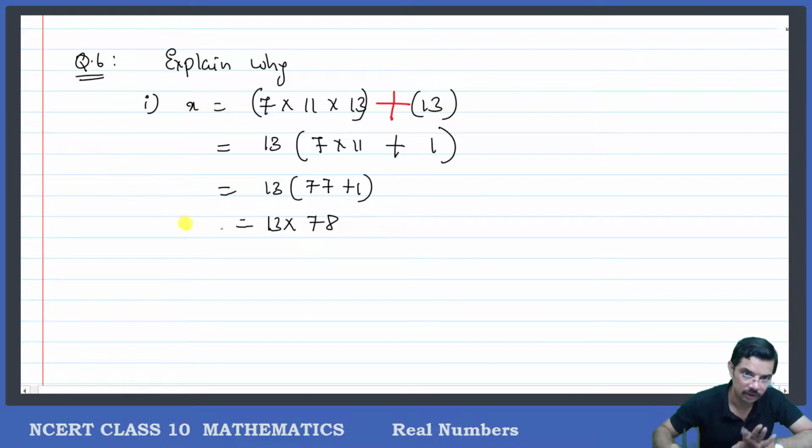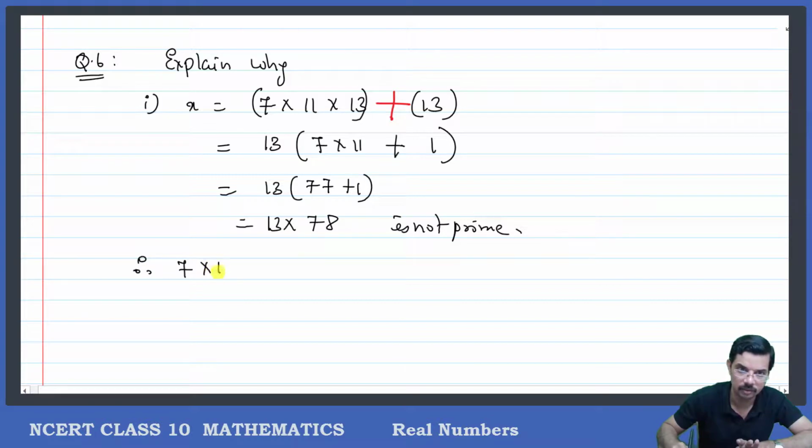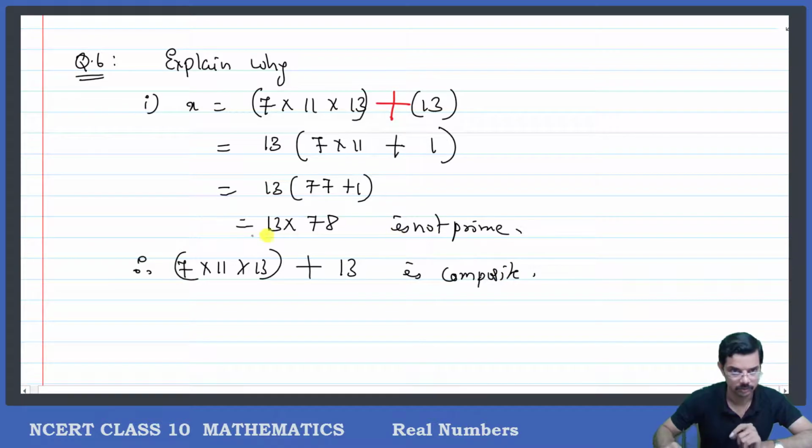Okay, so it is not prime. So therefore I can say that 7 into 11 into 13, use this bracket, plus 13 is composite. Okay, hello, clear? Same way the second question എന്താണ് പറയുന്നത്?